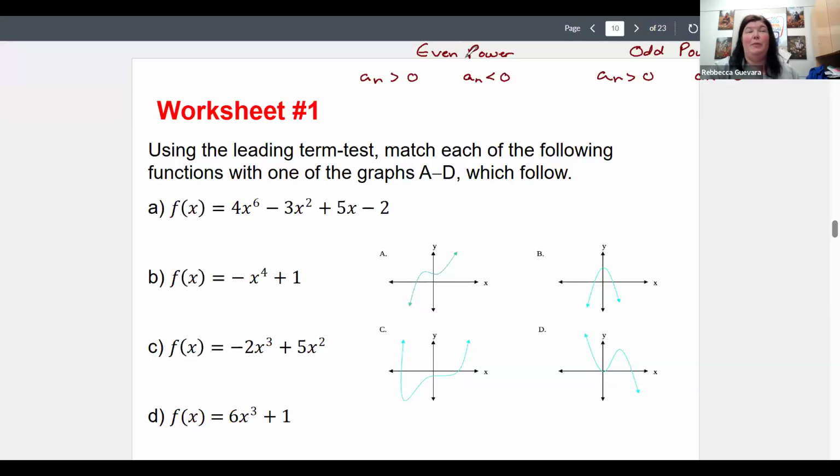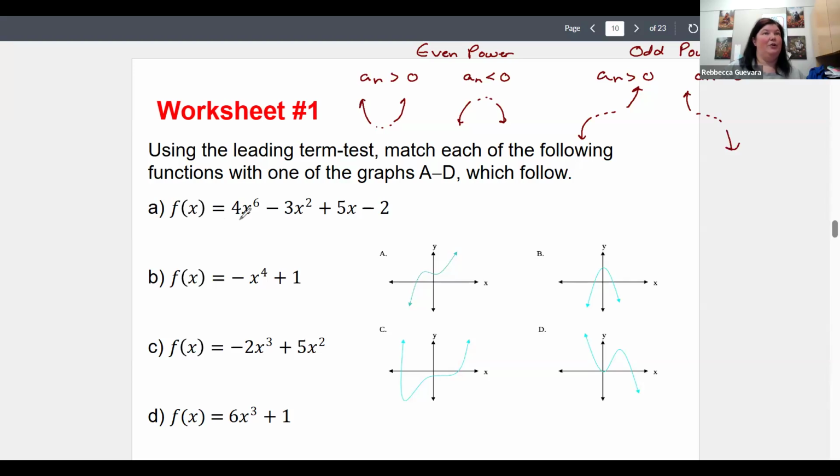Remember, if you have an even power and your coefficient is positive, you should be opening up at the ends. If it's an even power but the coefficient is negative, we're going down at both ends. If it's an odd power and a to the n is positive, it falls here and rises here, so it's increasing generally.